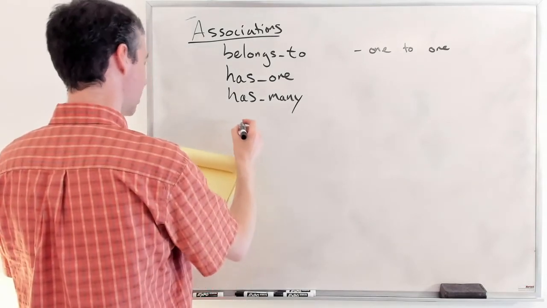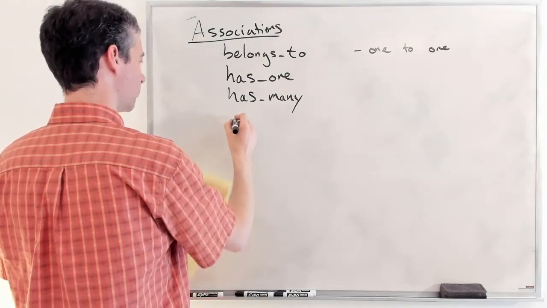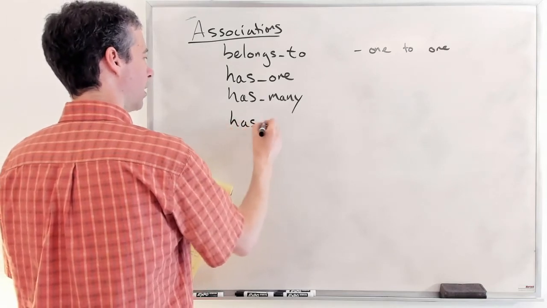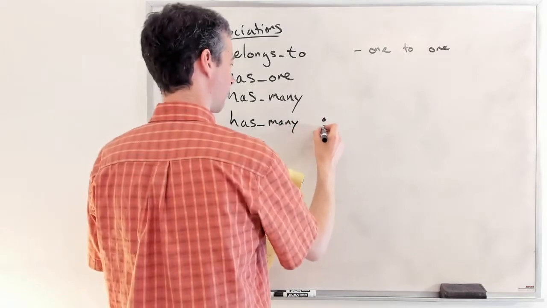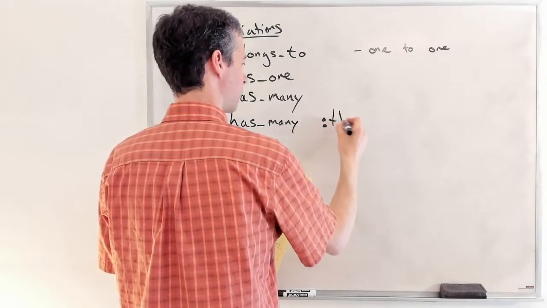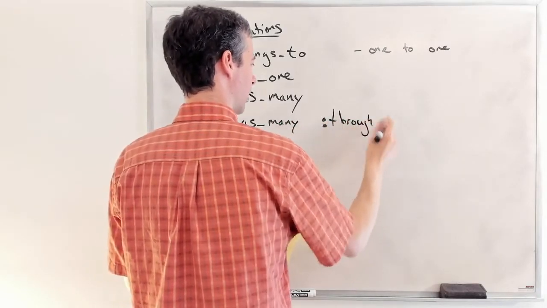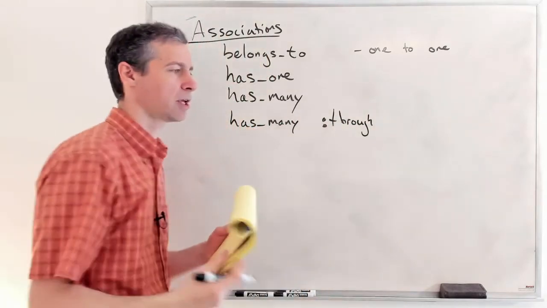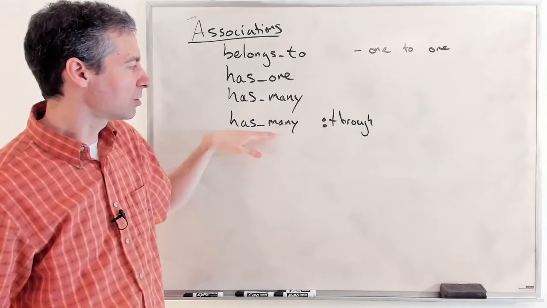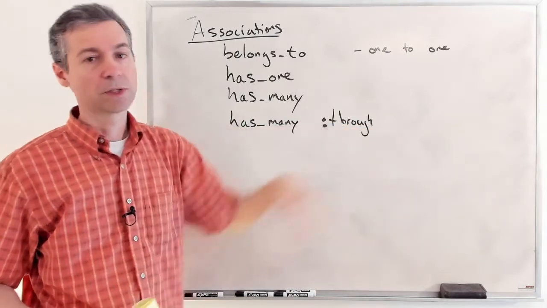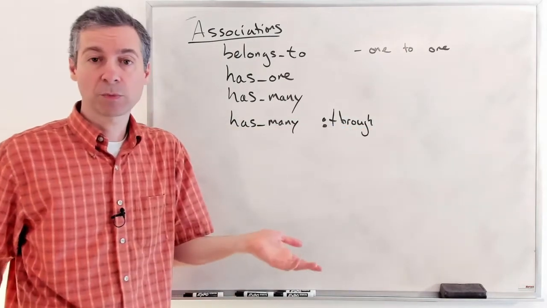But I want to continue on to note that there's also a has many, and we can give it an option, and we can say it's through, and we'll give another table. And so you can basically note that you have relationships that go through tables, which makes a lot of sense.